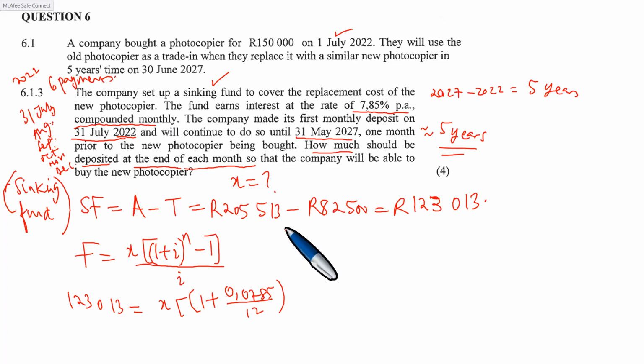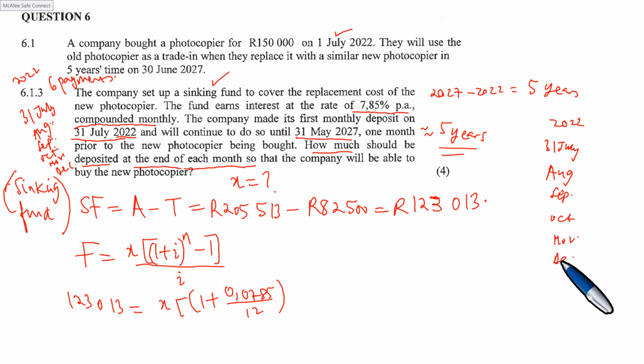Okay, and then now into 2027, you have up to May. So how many months are those in May, in 2027? So yeah, let me just write 2022 here. You have seen that there's going to be 31 July, there's going to be August, September, October, November, December.